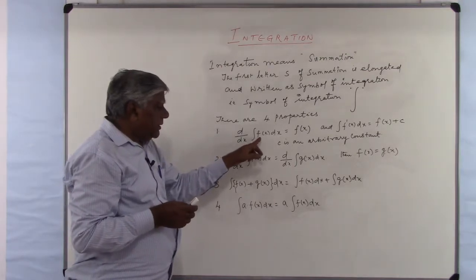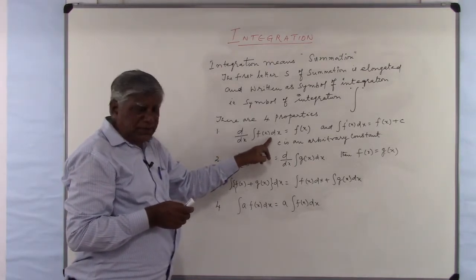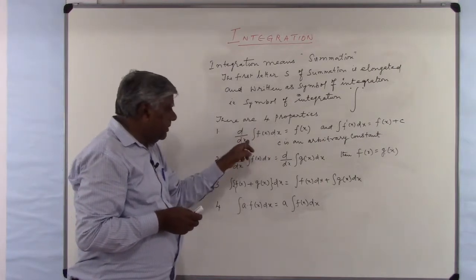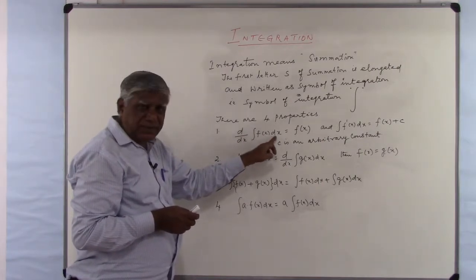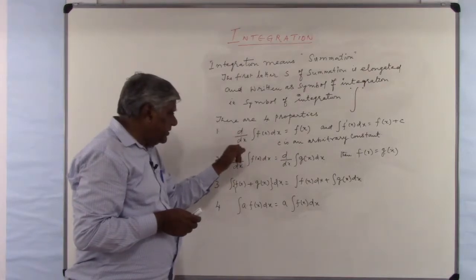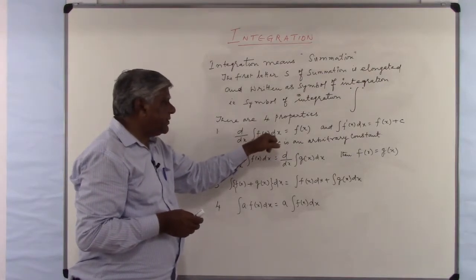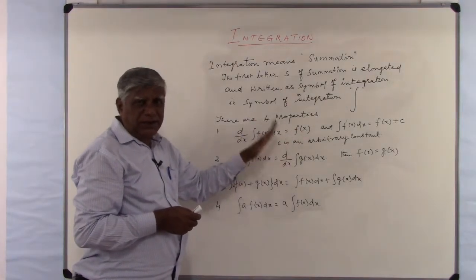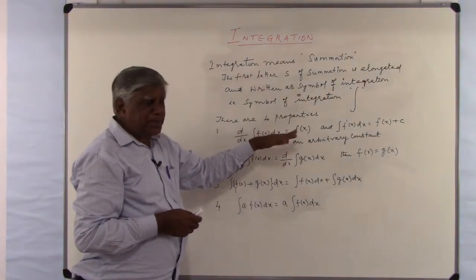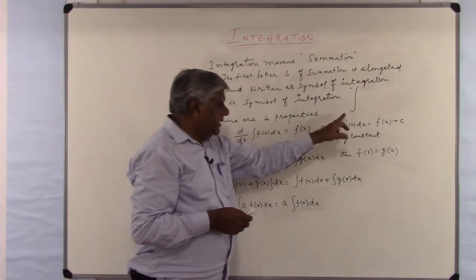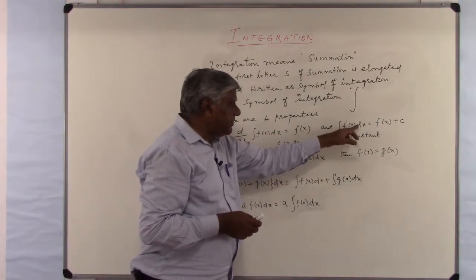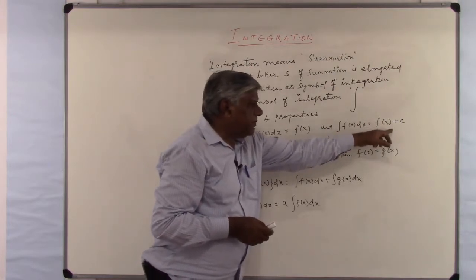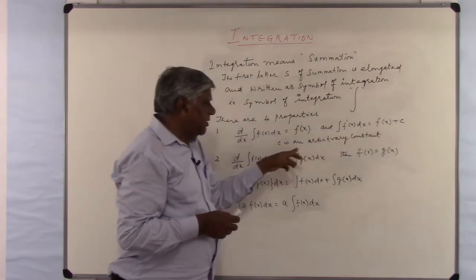Integration of f of x with respect to x is written as the symbol integral f of x dx, and differentiation of this integration of f of x dx is f of x only. That is, the function itself it gives. Or you can write: integral f dash x dx is equal to f of x plus c, where c is an arbitrary constant.